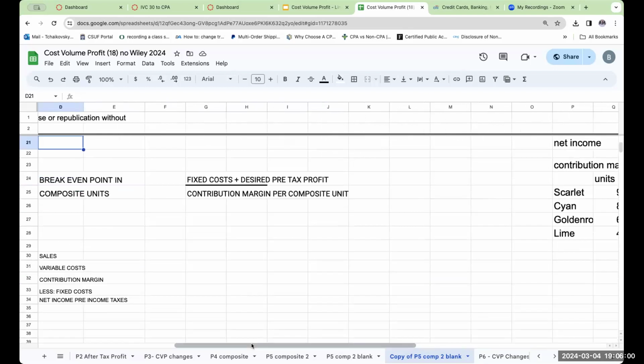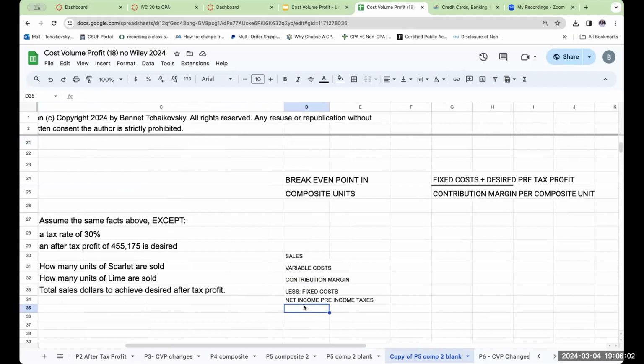But if we're asked what I would need to make on a pre-tax basis, then we would do something similar to one of the other problems we did earlier, which is saying less our income taxes is going to give us our net income after tax.